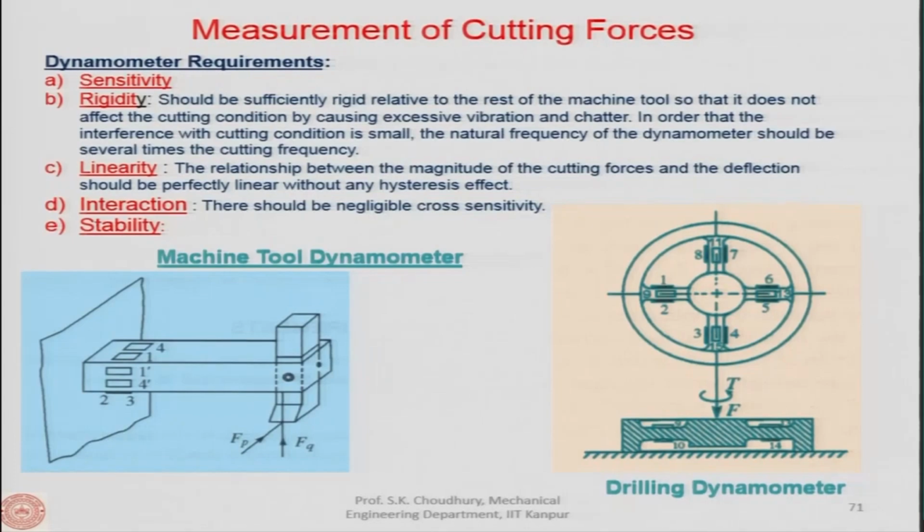Let us say we are talking about turning. In case of turning, the dynamometer will be placed on the tool post and the tool will be attached to the dynamometer. And of course, you understand the tool will be hanging in that case, and we will see that the dynamometer then will be made of the cantilever beam type.